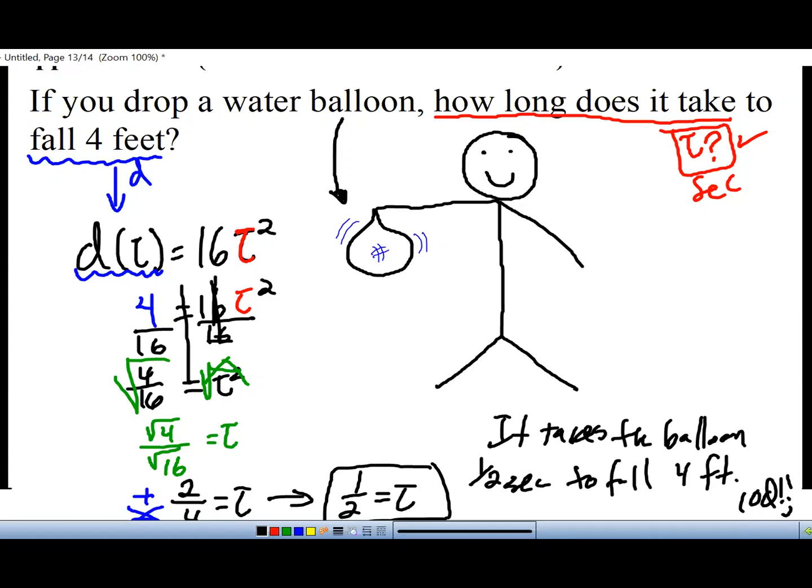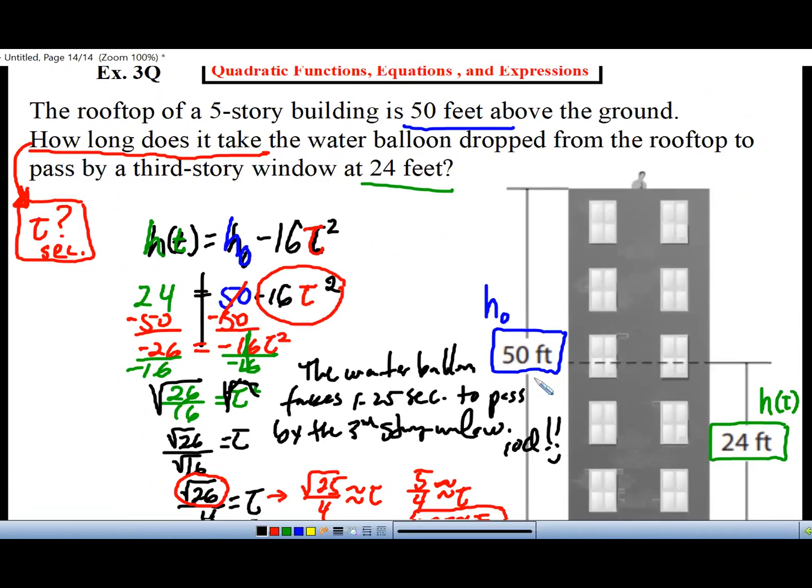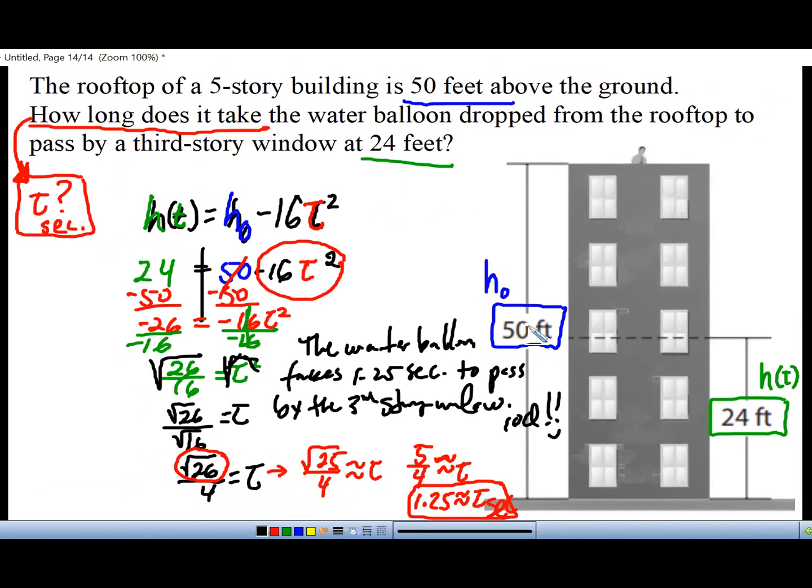From there, we moved on to a different problem, the building, but now we had how many distances? 2, the height and the other height and time. That's why we use the equation h of t equals h sub 0 minus 16t squared, where h sub 0 was the initial height. That means the other height was the other distance.